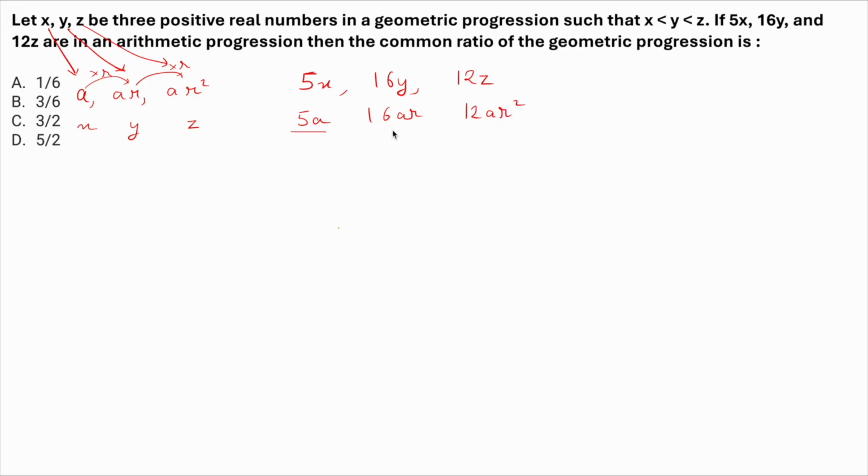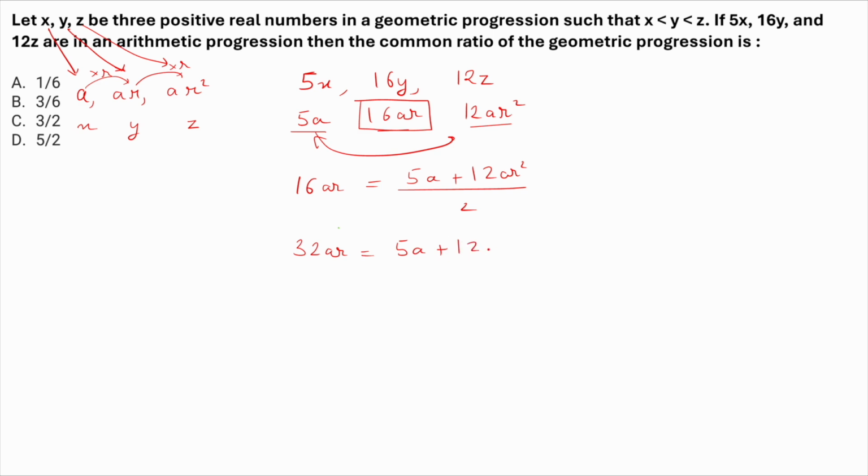If these three numbers are in AP, the middle term is the arithmetic mean of the two extremes. So I can say 16ar is the average of 5a and 12ar square. So multiply by 2 on both sides. I get 32ar is equal to 5a plus 12ar square.